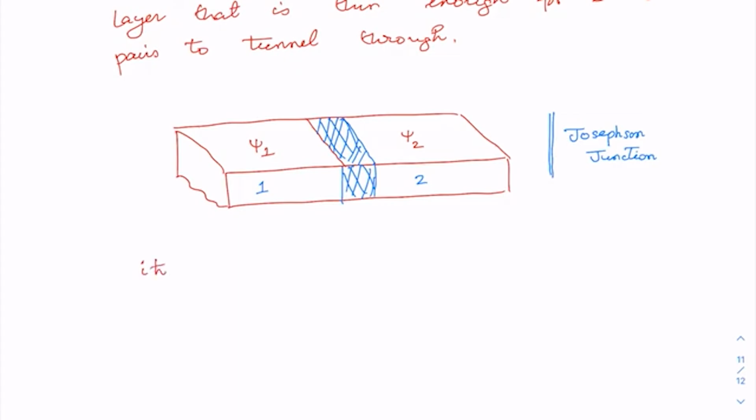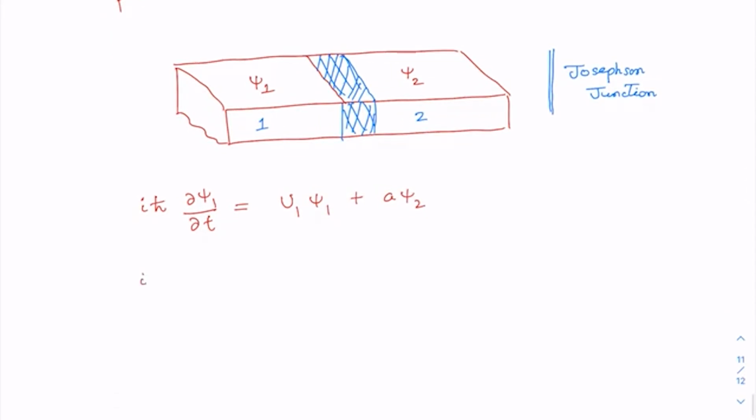Let me write that: i h cross del psi1 del t equals u1 psi1 plus A psi2 for the first superconductor, and for the second, i h cross del psi2 del t equals u2 psi2 plus A psi1.